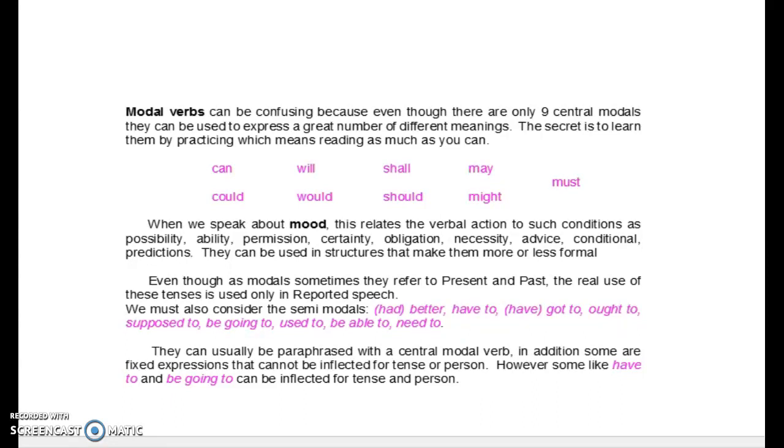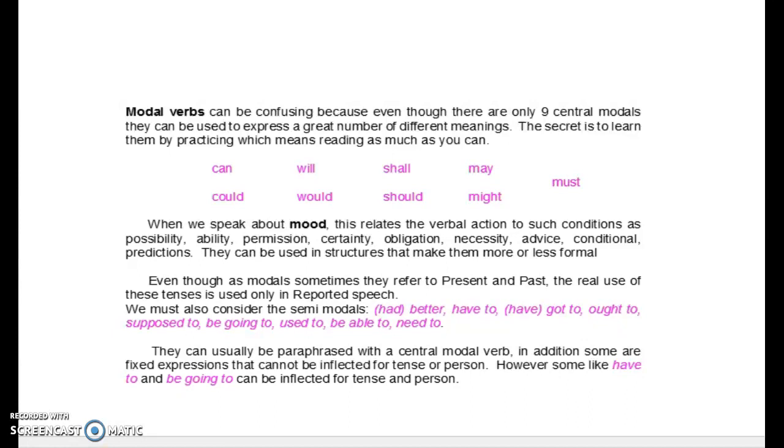We must also consider the semi-modals, and here they can be 2 or 3 words. Sometimes they can be paraphrased by a modal verb, and sometimes they can't. And you have had better, have to, have got to, ought to, supposed to, be going to, used to, and all the rest of them.